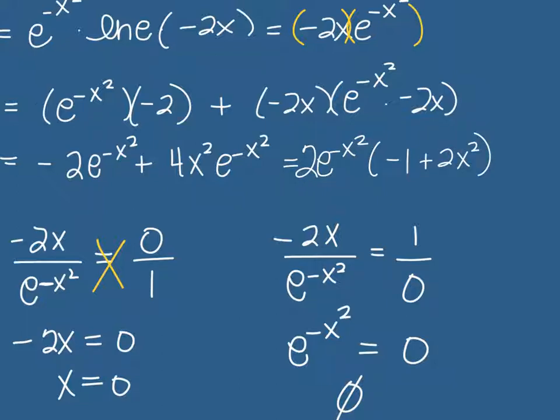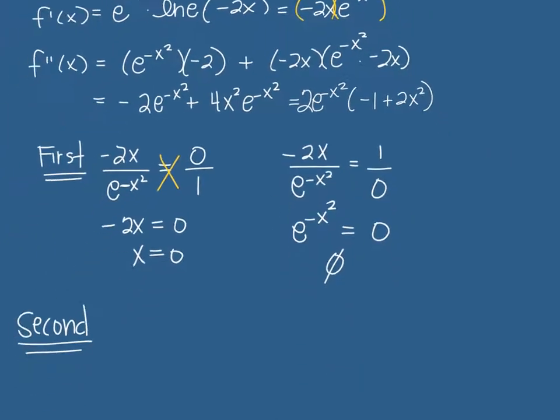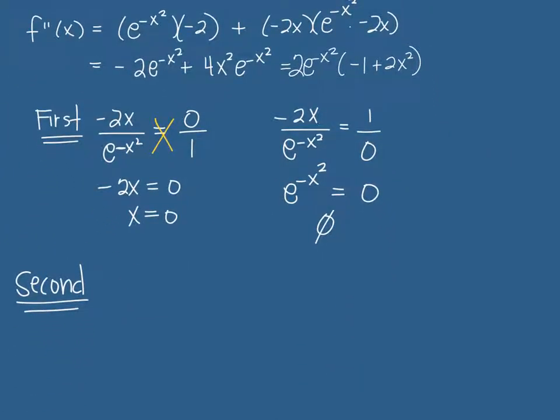It's going to be so much easier for me to solve this if I've written it in factored form. So that's going to give me 2 times negative 1 plus 2x squared in my numerator, and then e to the negative x squared in my denominator.